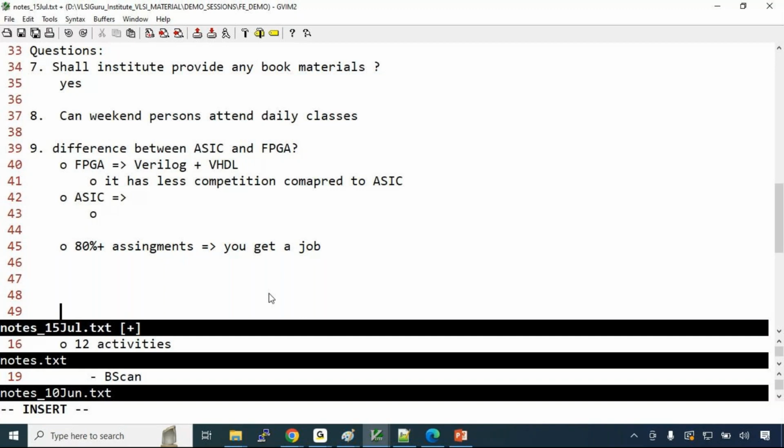The placement team from the product-based companies will just visit VLSI Guru and select the candidates from the institute itself.